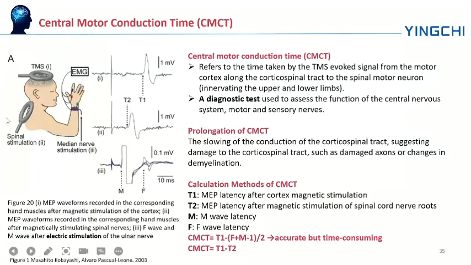And this T2 is measured when stimulating the spinal nerves. So we get the MEP latency after magnetic stimulation of spinal cord nerve roots. And we subtract T2 from T1, then we get the CMCT.